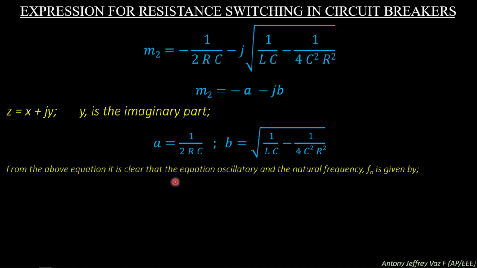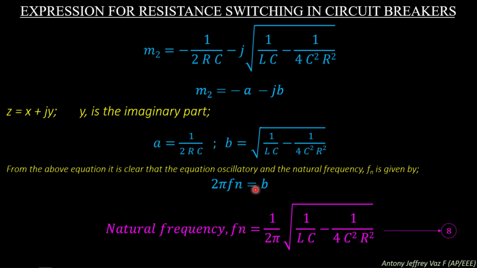From the above equation, it is clear that the equation is oscillatory and the natural frequency Fn is given by 2 pi Fn equal to b. So this imaginary part gives the natural frequency of oscillation. The imaginary part is equated to omega, which is 2 pi Fn equal to b.